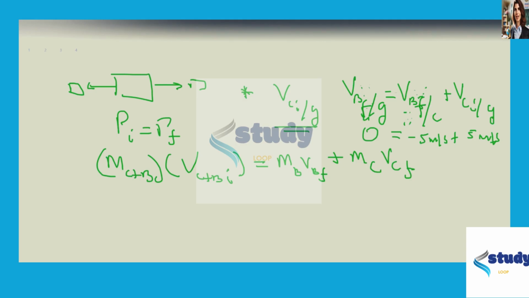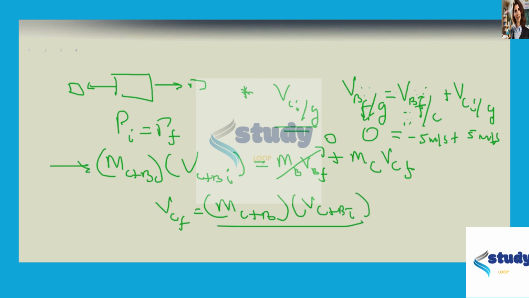So that's going to be zero. That just means that the final velocity of the block right here will be zero. So in computing the final velocity of the car, we use MC plus B, VC plus BI. We're just saying that's the initial momentum, divided by this MC. So you're simplifying, and then we plug in the numbers.